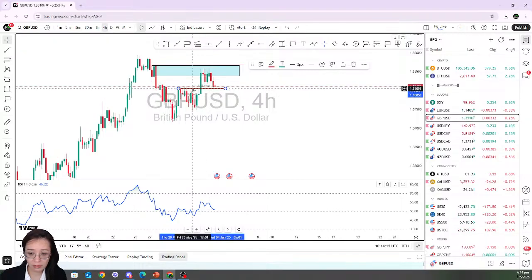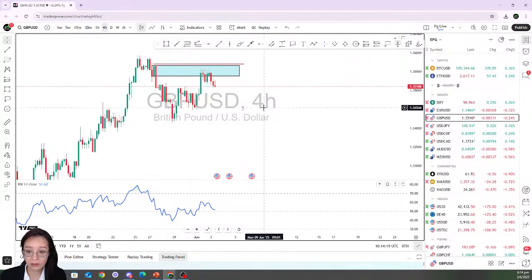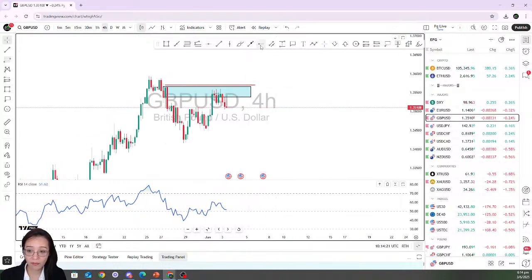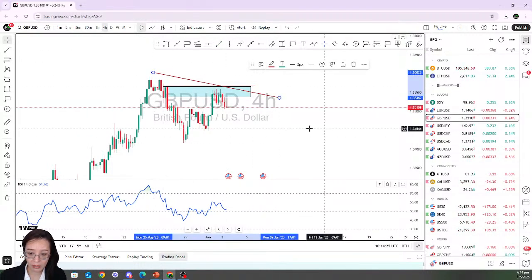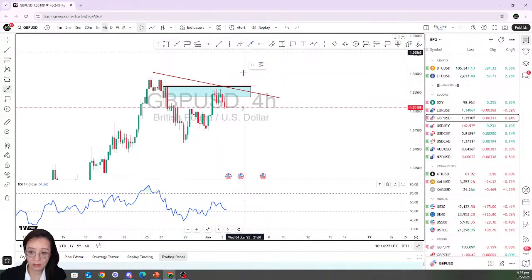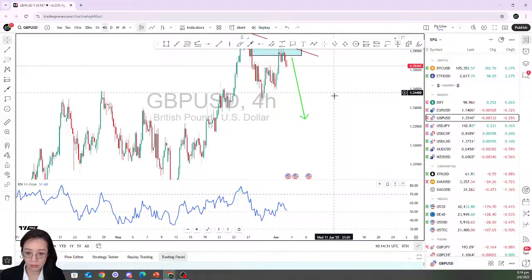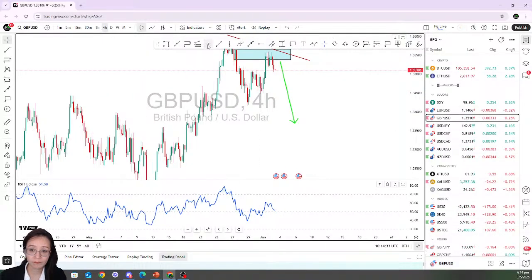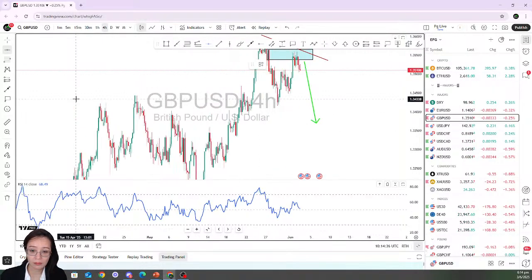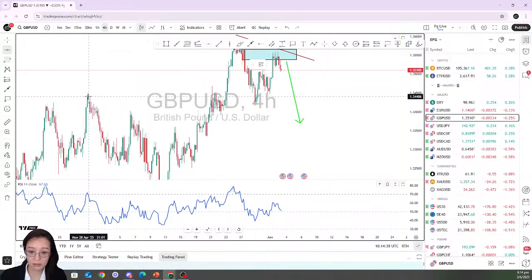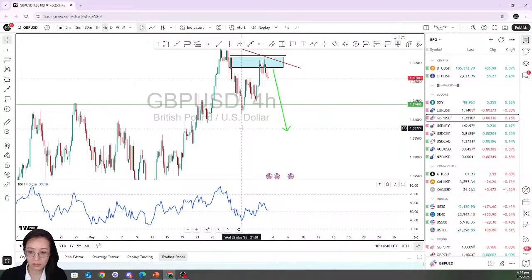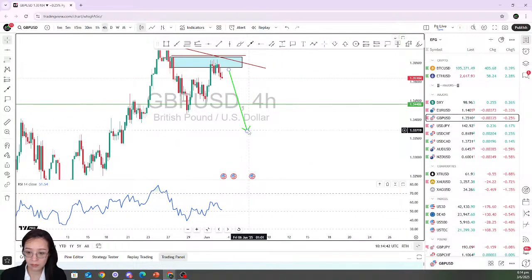For support or resistance, you might identify this as your support level, but to me, price came from supply, which is H4, and price made a lower high. So basically, I think the price is going to fall all the way to at least this level. This is going to be my support level.